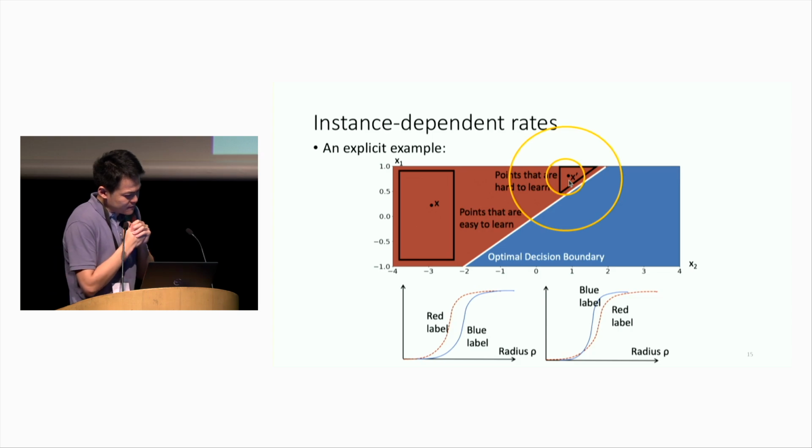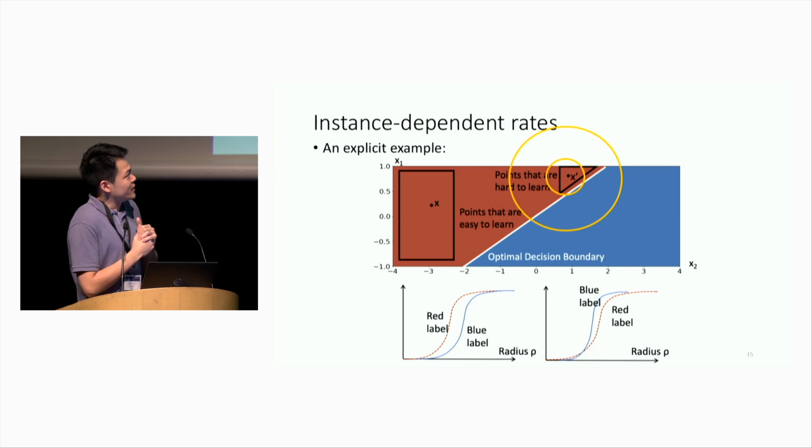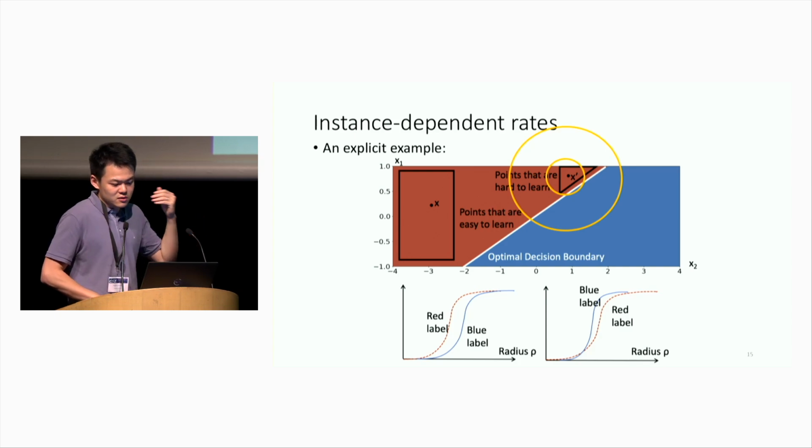The key quantifier is looking at a ball of radius r near x prime, and then we can see how much blue label and how much red label are near x prime. This plot will correspond to x, and the other plot will correspond to x prime. I don't want to go into too much detail, but using this radial density distribution, we can quantify the learnability for a particular instance x.